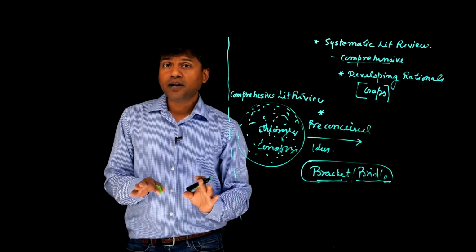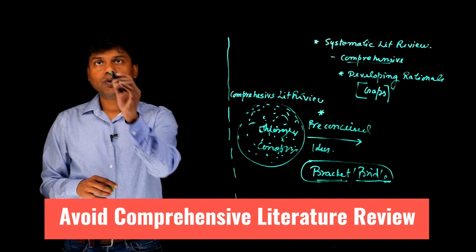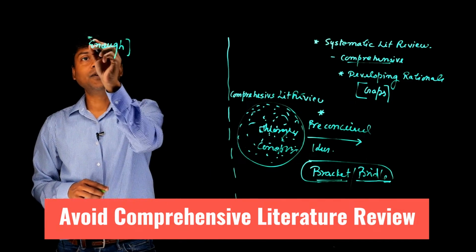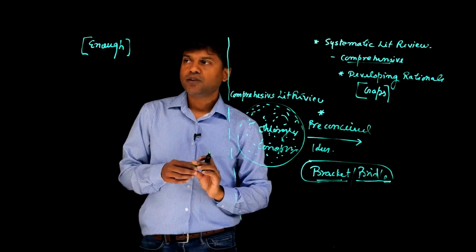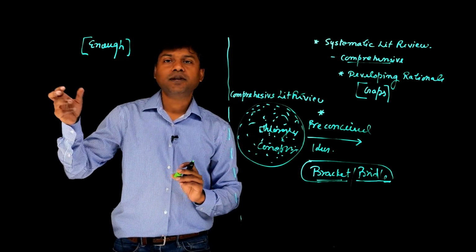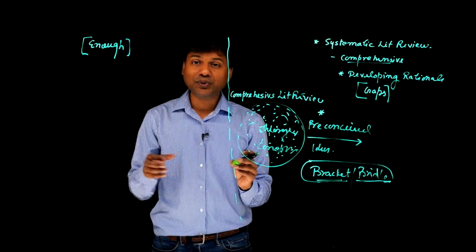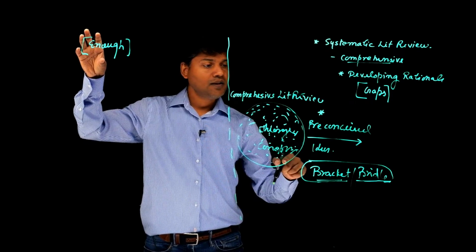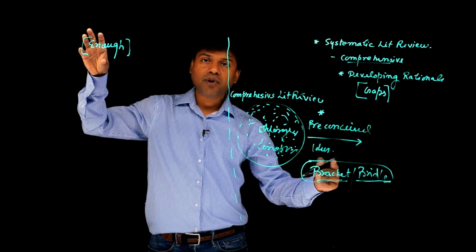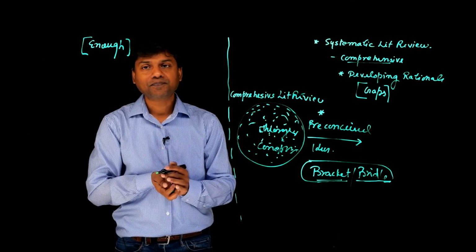It does not mean that you don't do it at all, but you do enough rather than a comprehensive literature review. So the question is, what is enough? How much literature review should I do, which is enough to help me bridle and bracket while I'm exploring the phenomena? So how much is enough?